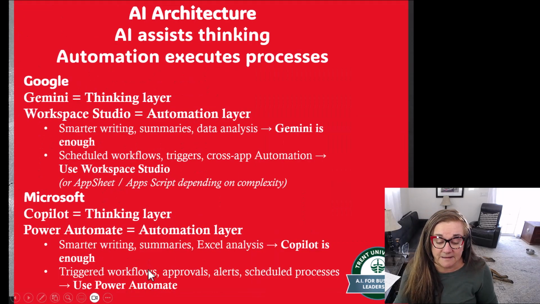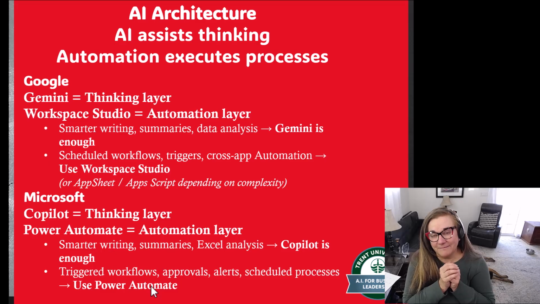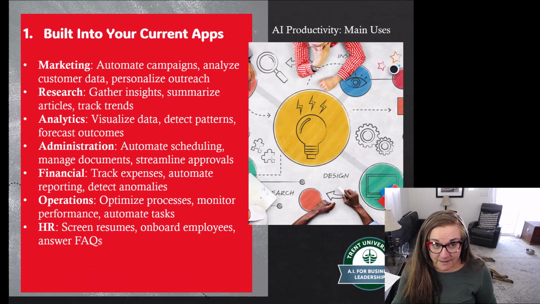So you can schedule a process, and that's called Power Automate. So to create the automation within Microsoft, the layer you need to add and buy is Power Automate. Okay? So those are the three different layers. Sometimes you get frustrated because you think, oh, another layer. But these layers do not cost that much and they are definitely worth it.